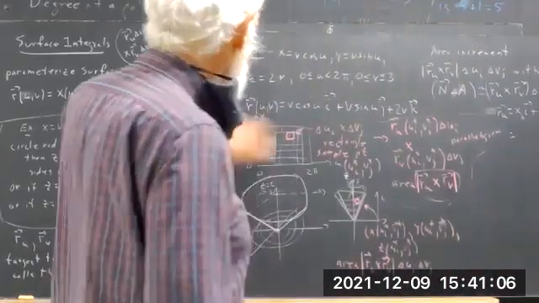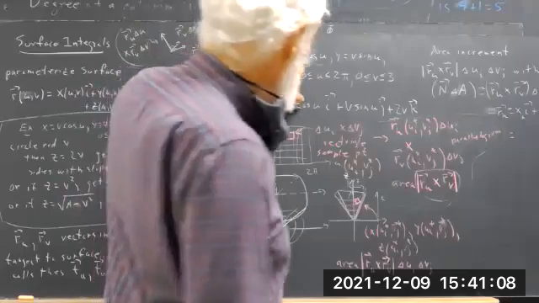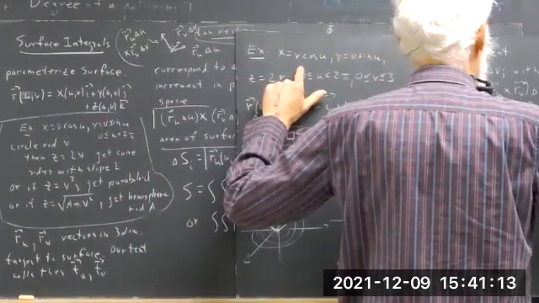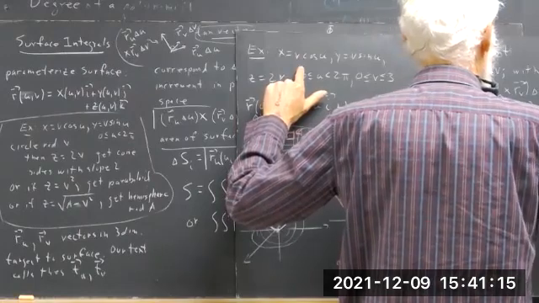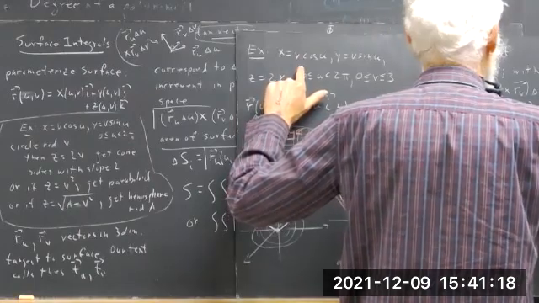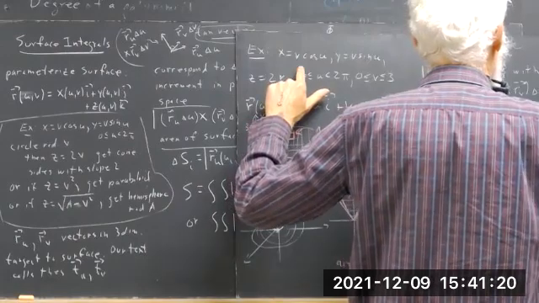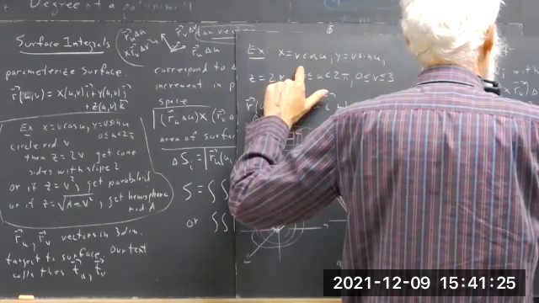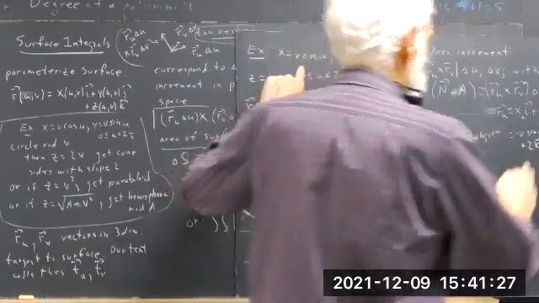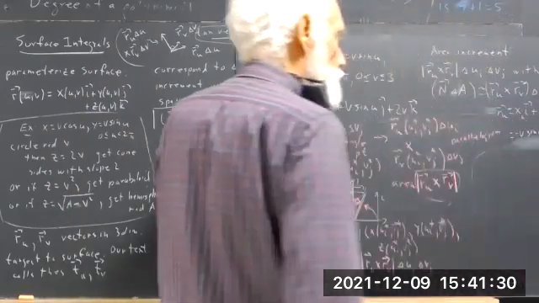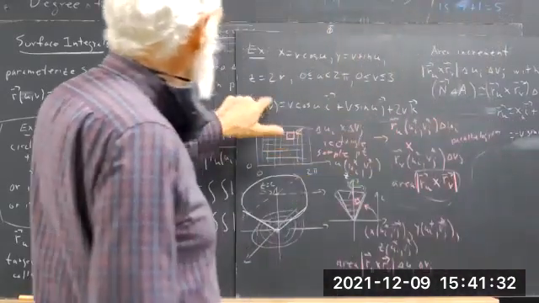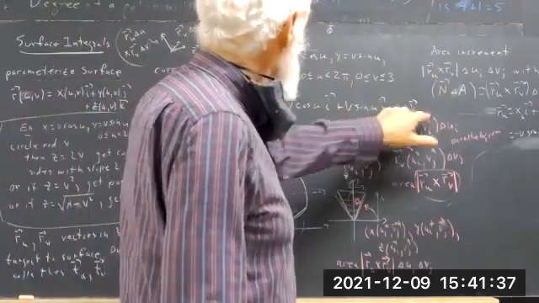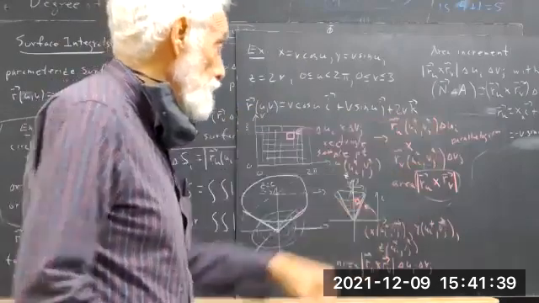And XU is negative V sine U i plus V cosine U j plus, actually not plus 2k, this is the U derivative. The U derivative of Z, well, Z is 2V, so it is zero.